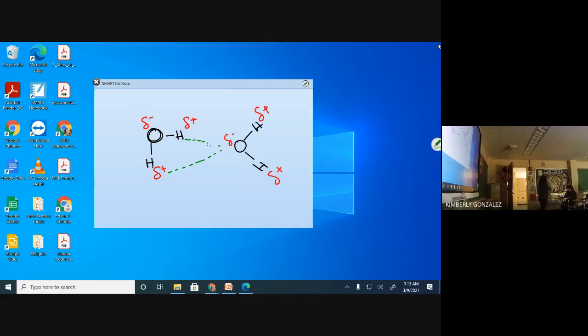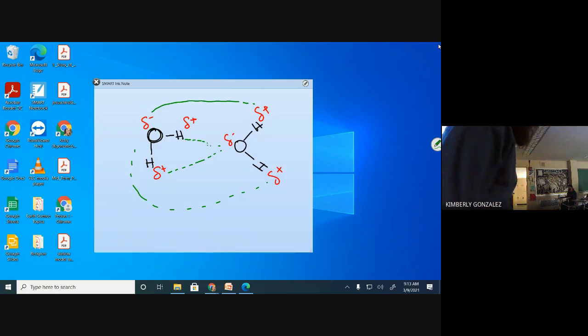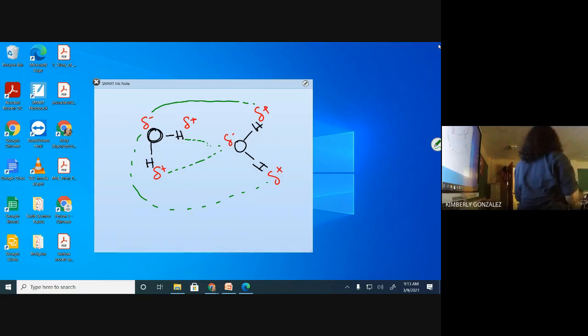There's always a positive and a negative happening within the water molecules. So water is always looking to be attracted to something else. I can have this positive being attracted to this negative, this positive going all the way around this way. If you really wanted to, you could.